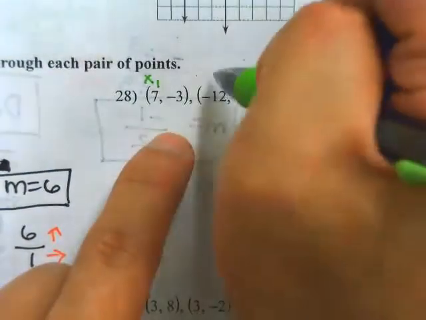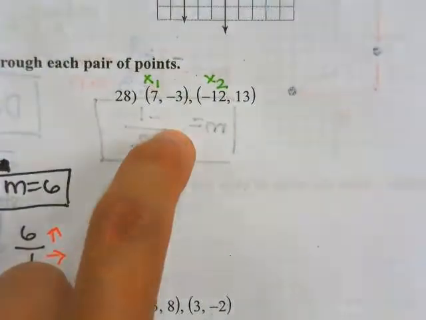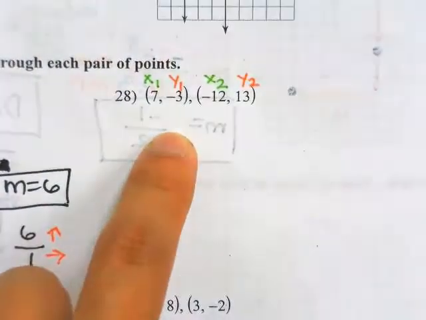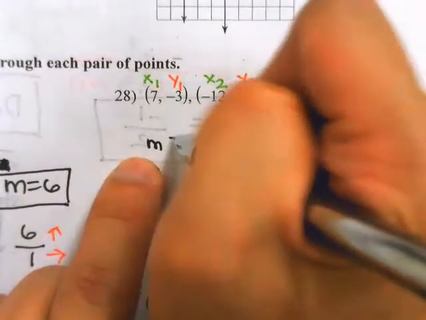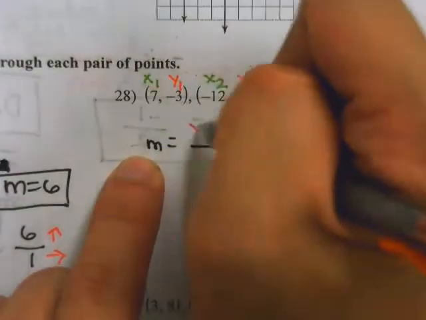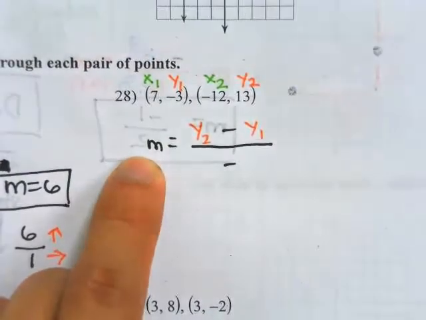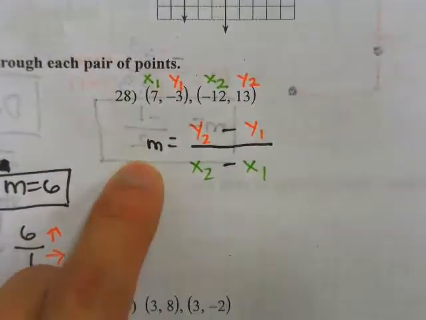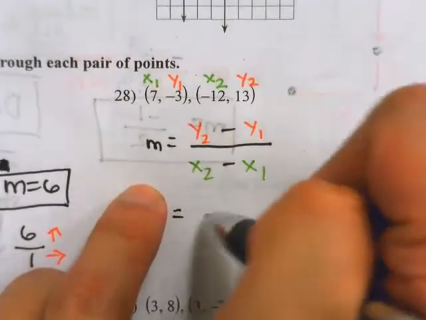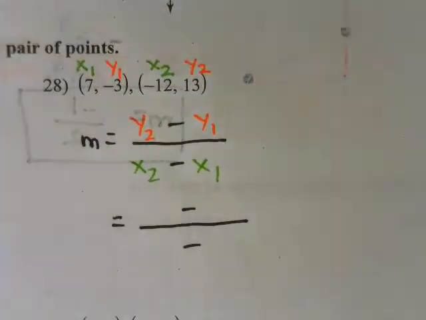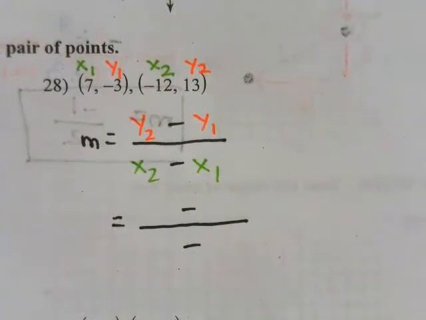x1, x2, y1, y2. x1, y1, x2, y2. Let's go ahead and start putting in some numbers.